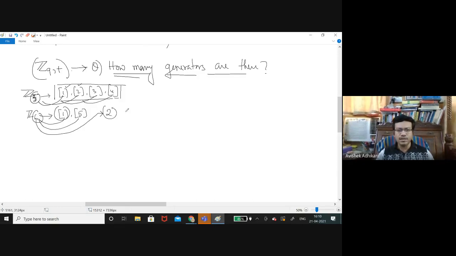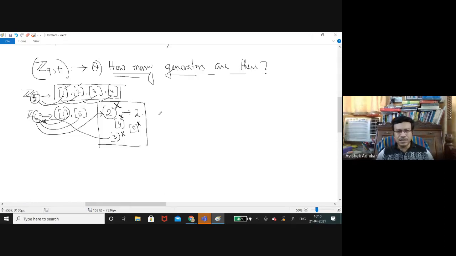Their GCD is 2. That's why 2 can never be a generator of this. Similarly, 4 can never be a generator. By similar argument, 0 can never be a generator. Class 3 can also never be a generator, because GCD of 6 and 3 is also not 1. As a result, they are discarded.